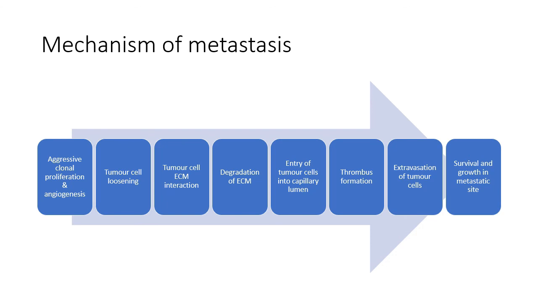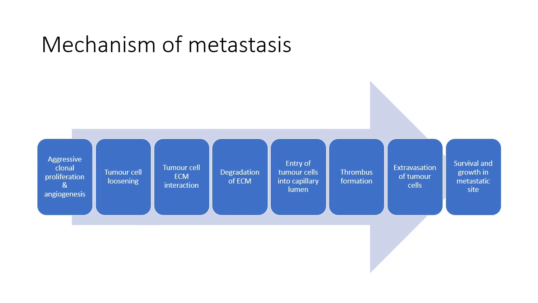Remember here, the degradation of extracellular matrix takes place at three levels. Firstly, the basement membrane of the tumor itself should be degraded, followed by movement of tumor cells through the interstitial matrix, and finally the dissolution of the basement membrane of the vessel wall.